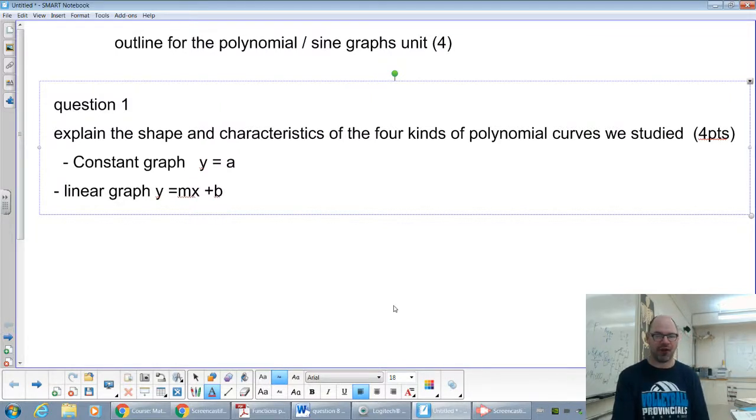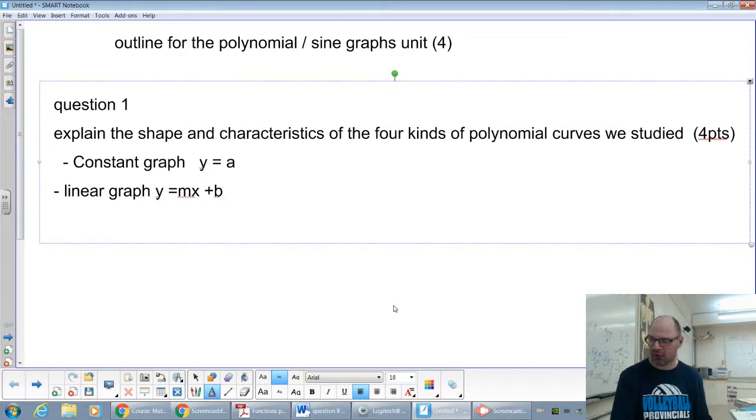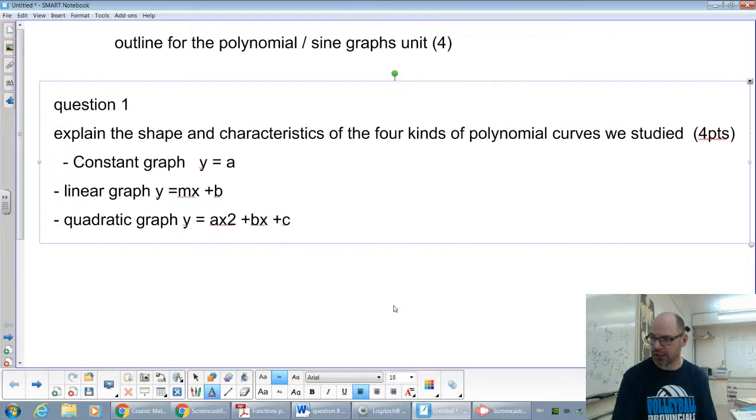And that one was a slanted line, depending on whether you had a negative or positive leading coefficient, going up a hill or down a hill. Then we had the quadratic graph. And that one was y equals ax squared plus bx plus c. And that one again, that's degree number 2. And again, you could have it opening up or down.